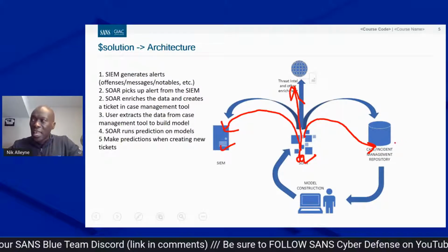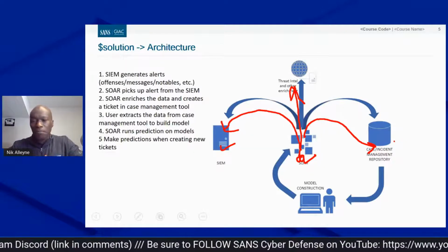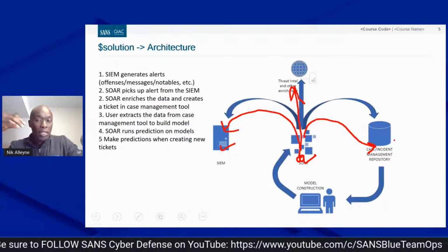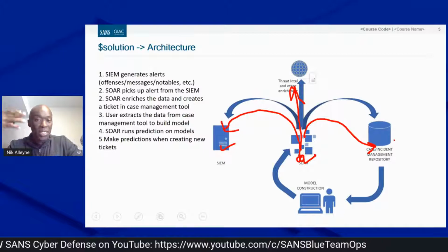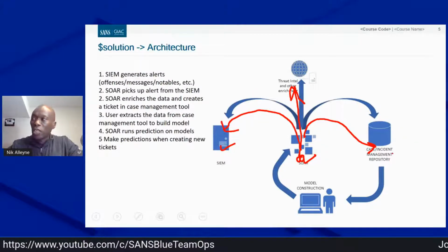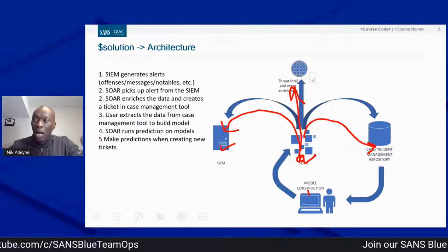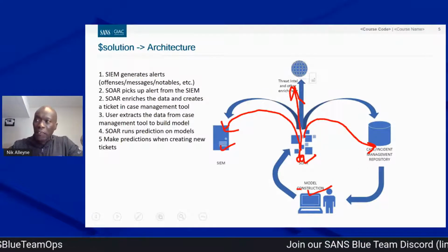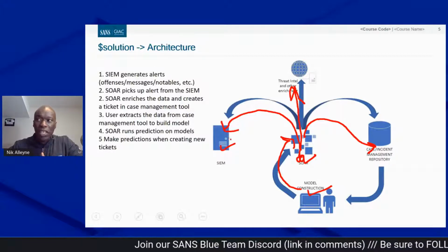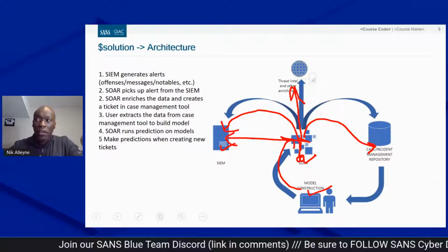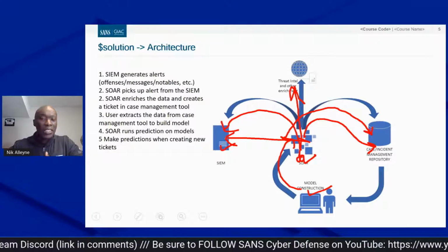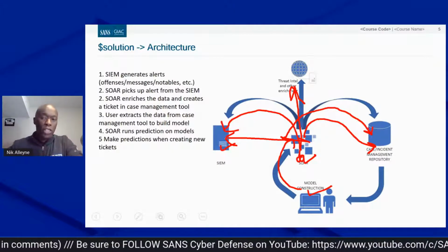But ultimately in here, we will classify the data. The data will be classified as to whether it is a true positive, a false positive, benign, or a non-issue, whatever it is. Ultimately, this classification is what allows us to develop a machine learning model that we can then feed back into the SOAR. So when it receives an offense or an alert, it can ultimately make a prediction, as it creates the ticket, as to whether or not this is a likely true or false positive.